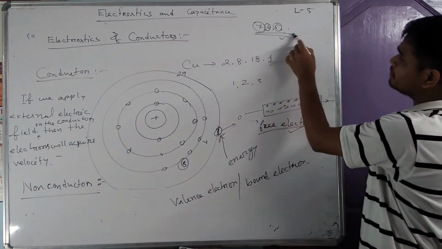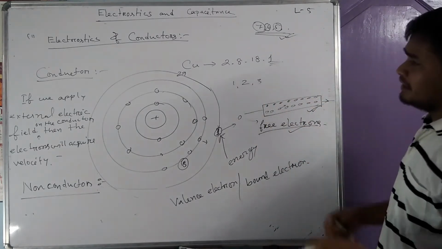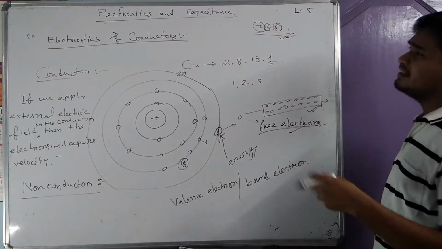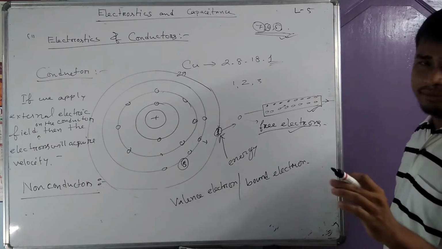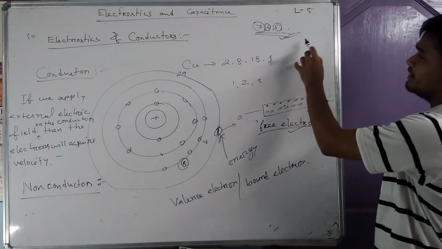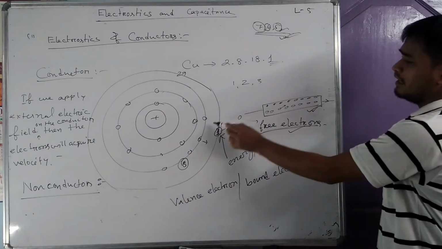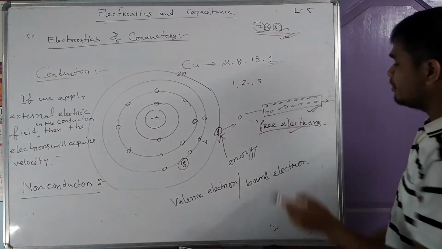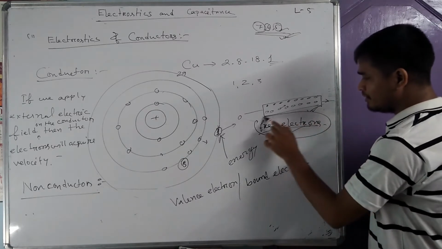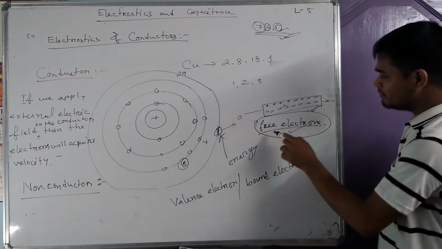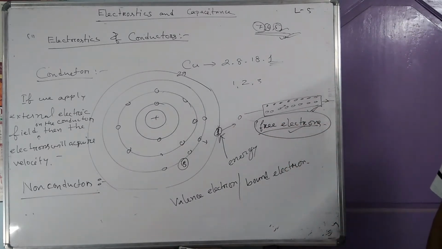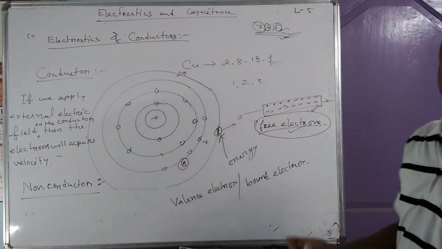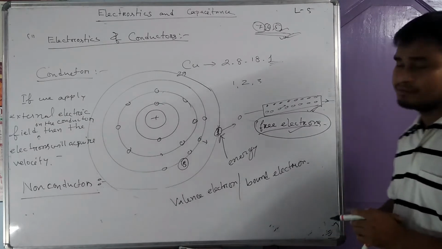In a small or general electric field, we will not be able to move these electrons from the outermost shell. That is why there will be unavailability of free electrons. If there are no free electrons, then we will not have current.